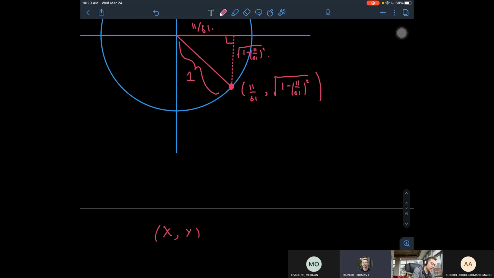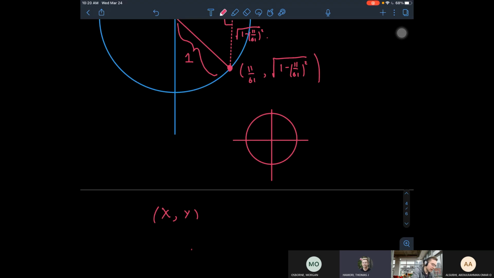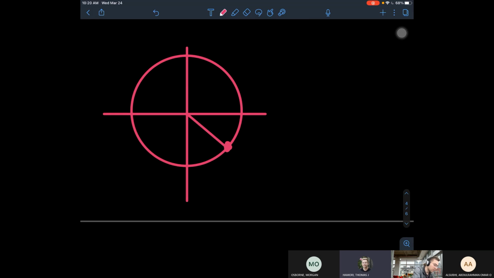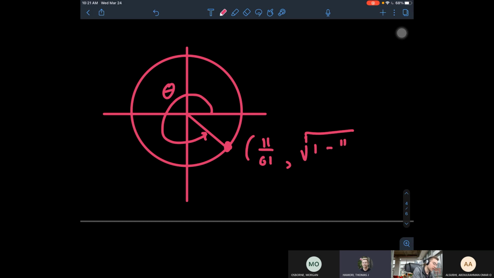We have a unit circle and we have an angle, theta, which is pointing at the point 11 over 61 comma square root of 1 minus 11 over 61 squared.